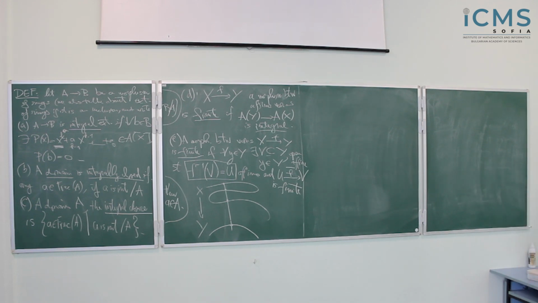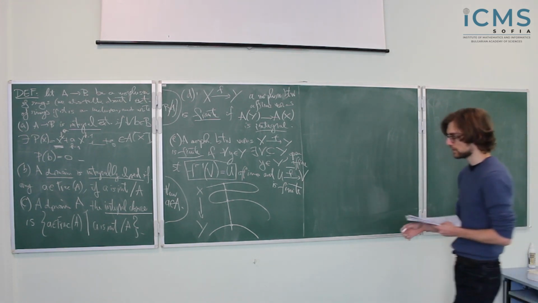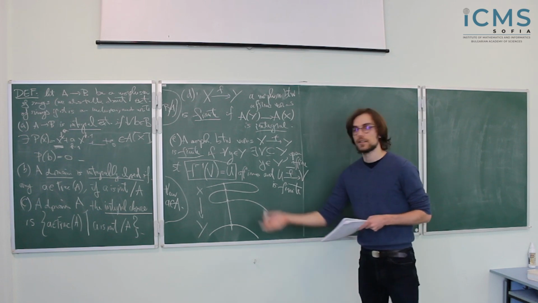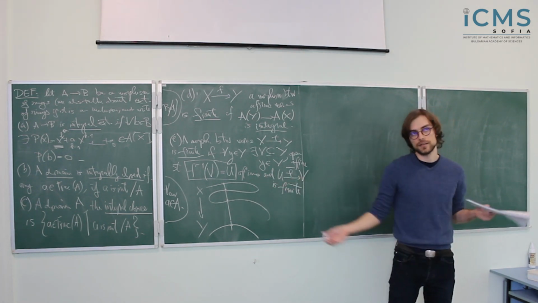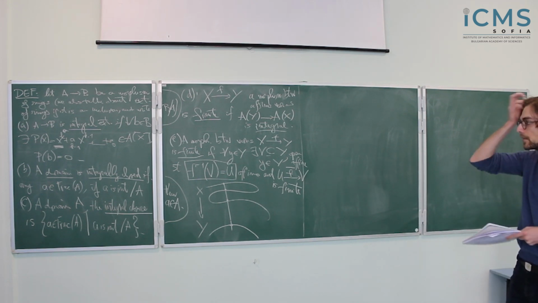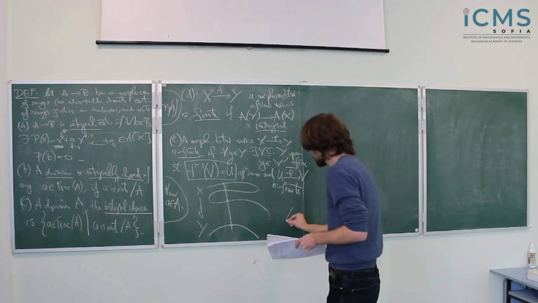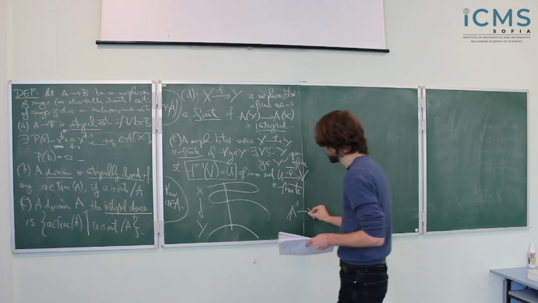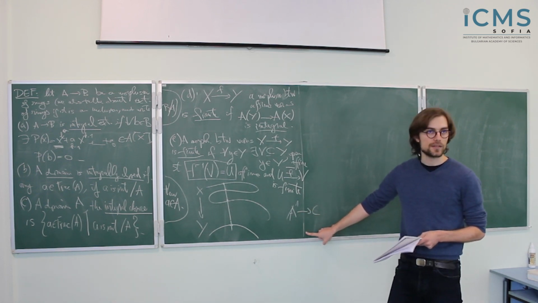So these are the tools we mostly have, and of course the example I started with is the prototypical example for these maps. The map A1 to C was a finite map.